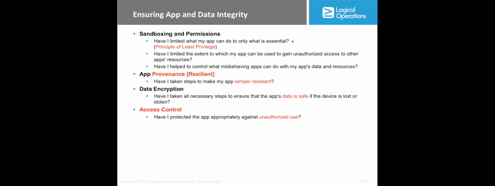Next, we would move into more of an integrity-based function, less confidentiality or availability. We talk about app provenance. App provenance is nothing more than making sure that it's resilient to attack, taking the correct steps to ensure that it is tamper resistant. We saw how easy it was, the simple seven steps to break into an app.